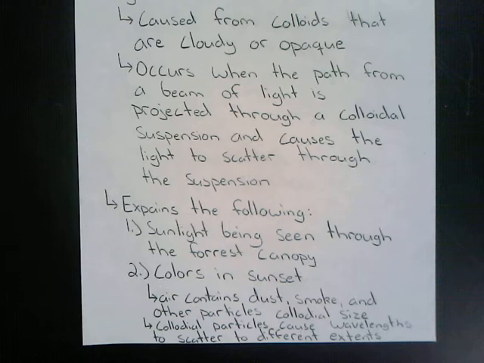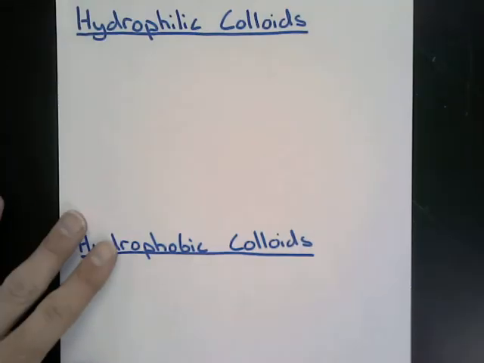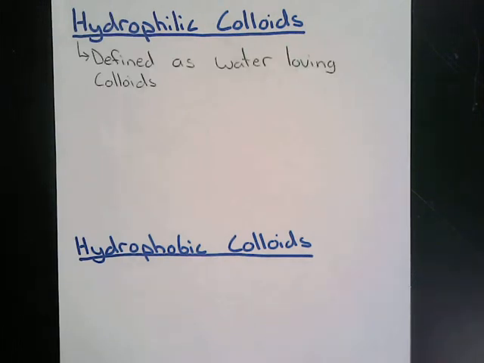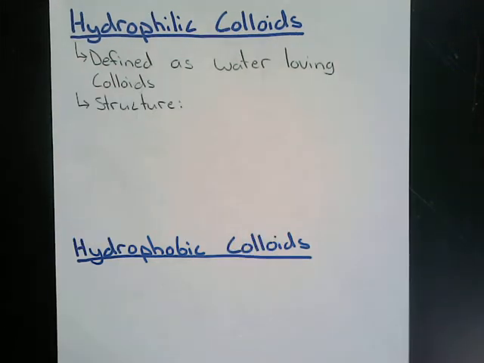Now we need to talk about two other colloids that we have, and the first of these colloids is known as a hydrophilic colloid. Now, these are defined as water-loving colloids. We need to talk a little bit about the structure of these colloids. Number one, they're going to fold up, so the hydrophobic groups are inside the structures and away from the water.